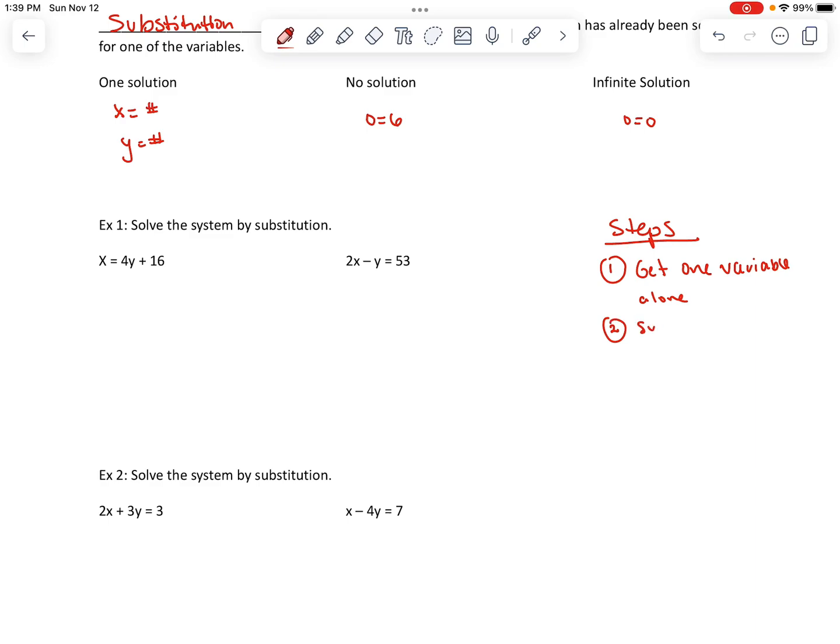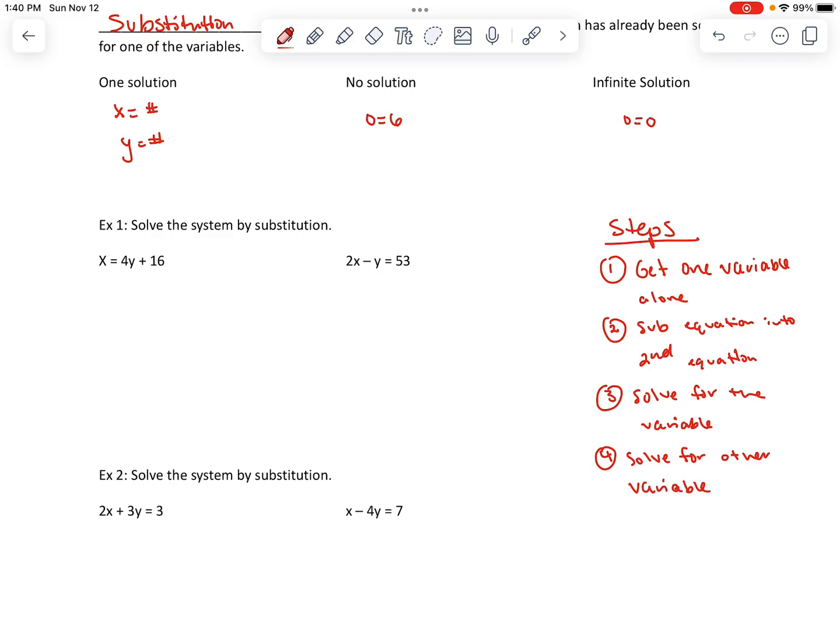Step 2: sub the equation into the second equation. Step 3: solve for the variable. Step 4: solve for the other variable.